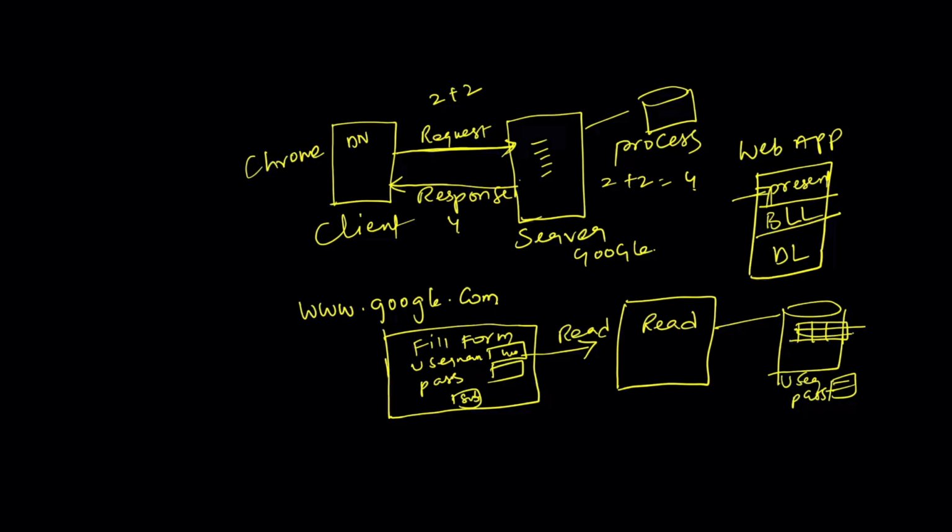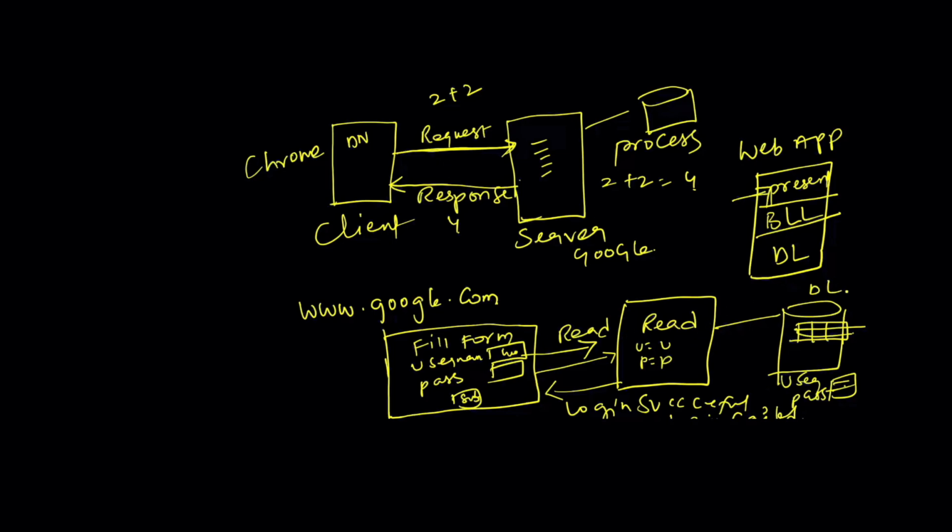In the next request, whenever the user enters the username and password, it will read this data and verify it. Is the username submitted here the same as the username present in this table? Is the password here the same as the password here? If both are the same, then it will say that login is successful, otherwise login failed. This is how a typical web application works.